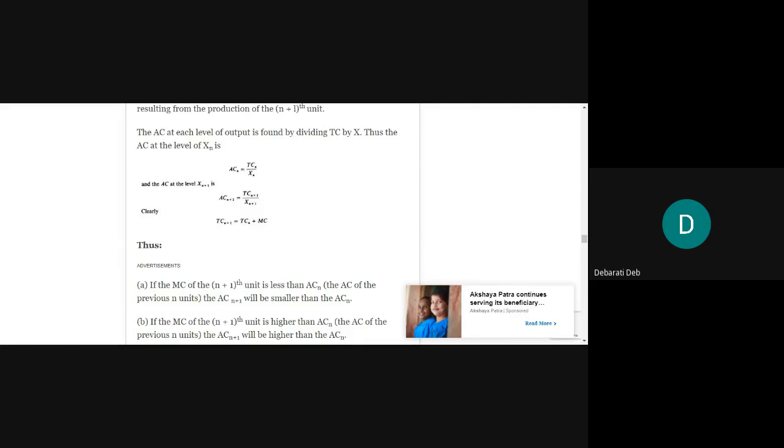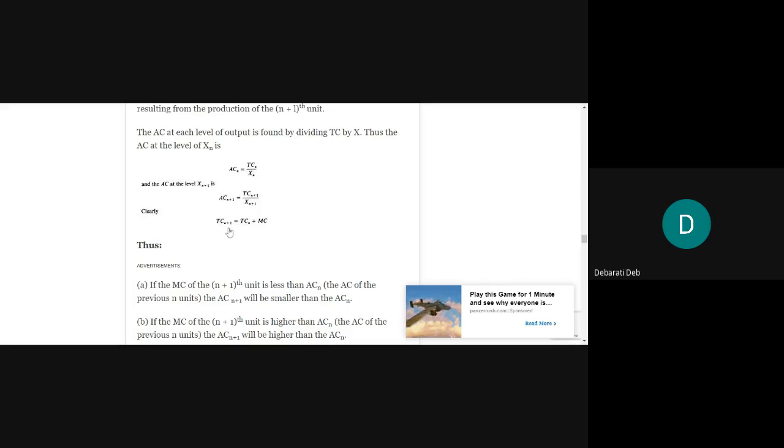If MC equals TCn plus 1 minus TCn, then we can write that TCn plus 1 equals TCn plus MC. MC is marginal cost, and marginal cost is the difference in the total cost for producing one extra unit.